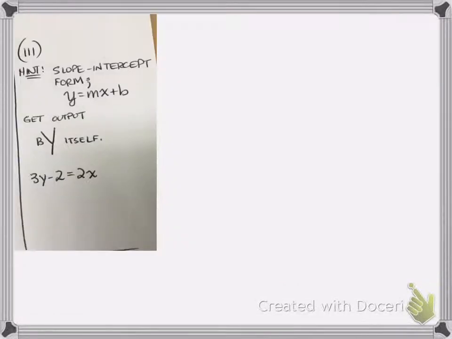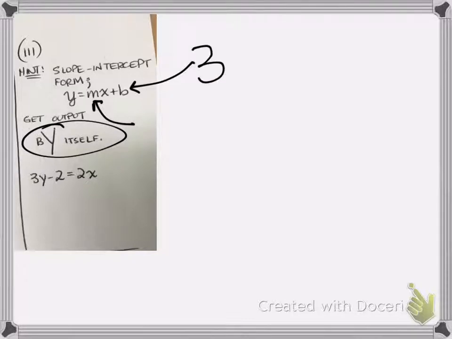For the last one, you're given an equation, and the hint was slope-intercept form. The silly analogy I've told you is, hey, peanut butter and jelly sandwich has its name because it contains peanut butter and jelly. Slope-intercept form has its name because once y is by itself, you have the slope and the intercept that'll pop right out of that function. So we want to get that output, the y, there's your big hint, by itself.